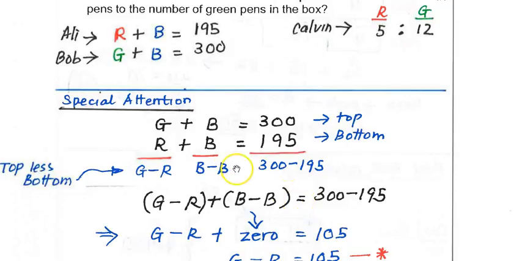Of course, the equal sign over here. Now, so you actually have the equation G minus R plus B minus B is 0. So G minus R plus 0, there's nothing here, is 300 minus 195.